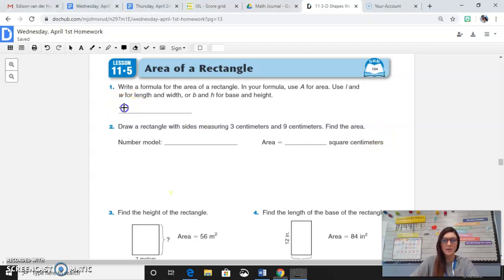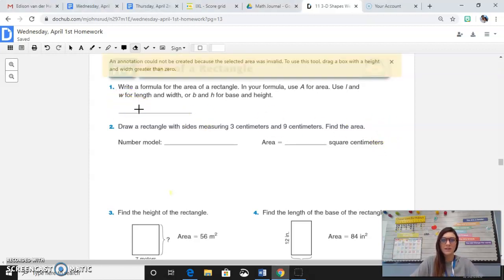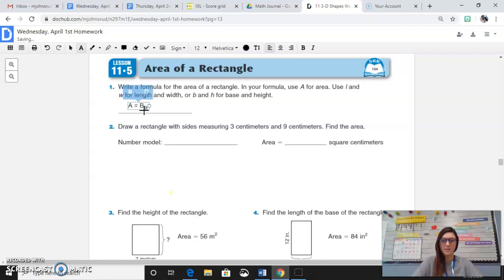So right here, you need to write A equals B, and then just use the little X for times, and H for height, or area equals length times width. They're the same thing, remember. So you need to have area equals base times height, or area equals length times width right there, okay?